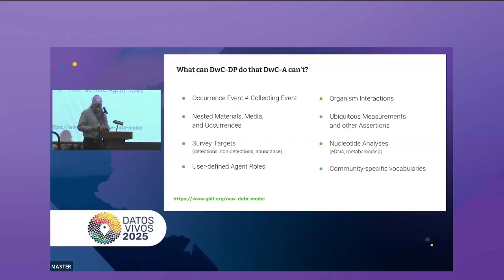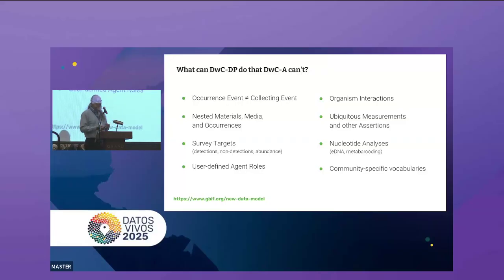We also cover organism interactions in a more explicit way than was possible with resource relationships in Darwin Core archives. We have ubiquitous ways to make measurements or other assertions about any part of the model, whether it be about people or events or material or identification, anything. We also, as you have seen, added the nucleotide analyses to this.